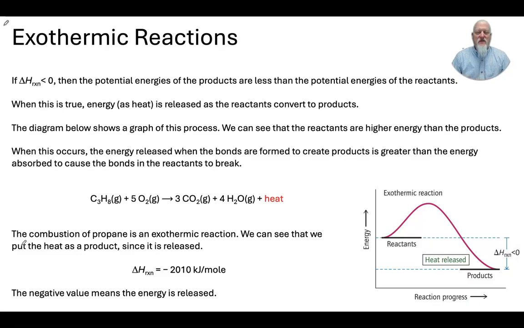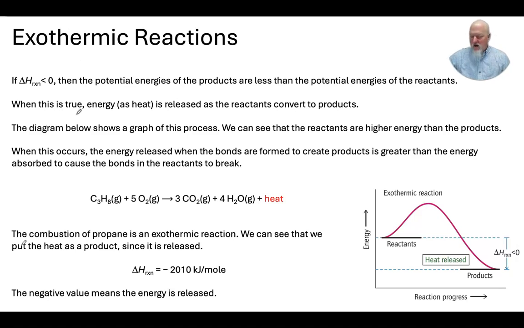So when I subtract the two, I get a negative value. When that happens, during the reaction process, because there's excess energy, it's released, typically as heat. That means the local surroundings absorb some energy as heat as the reaction process goes on.